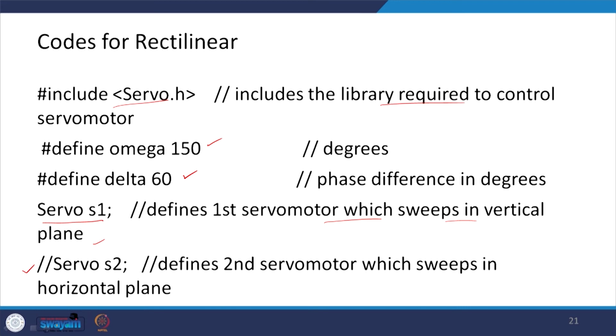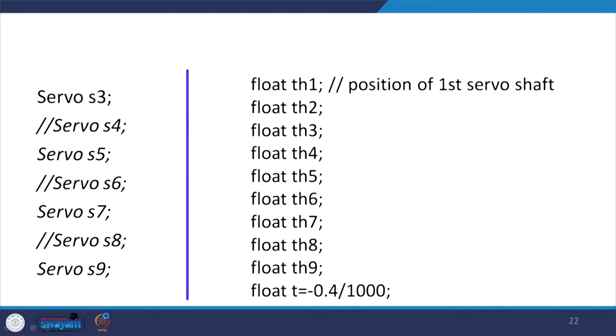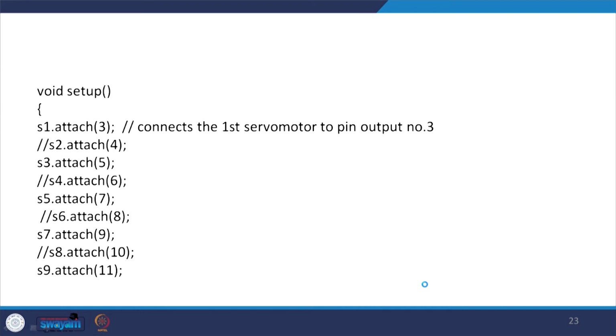So, these are not used in this particular gait. So, we have Servo S3, S5, S7, S9 over here, and the position of the servo shaft is put as theta1, theta2, theta3 to theta9, a float T is defined over here, and then the program starts.